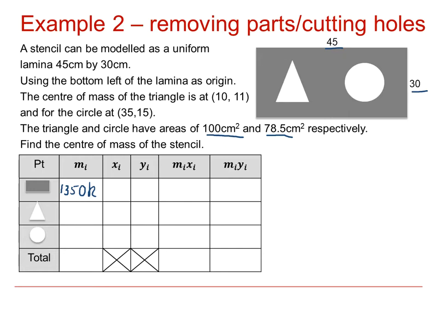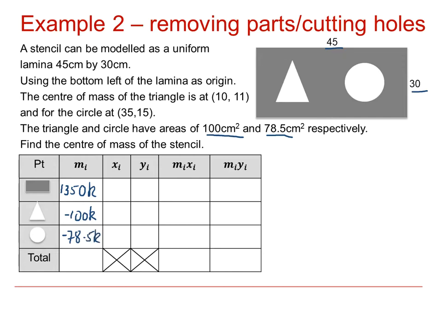We're told that the triangle and circle have got areas 100 and 78.5 centimeters squared respectively. Now because these are holes, we can treat the masses as being negative. So we simply put in for the triangle negative 100K and negative 78.5K.